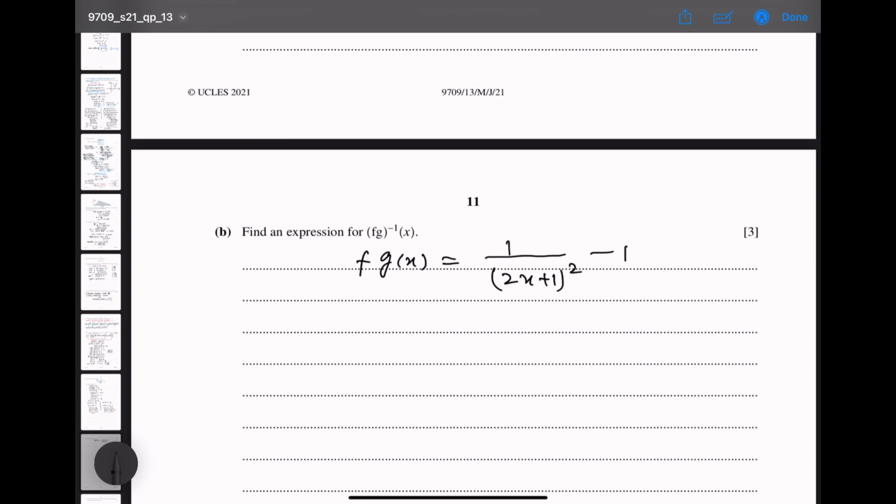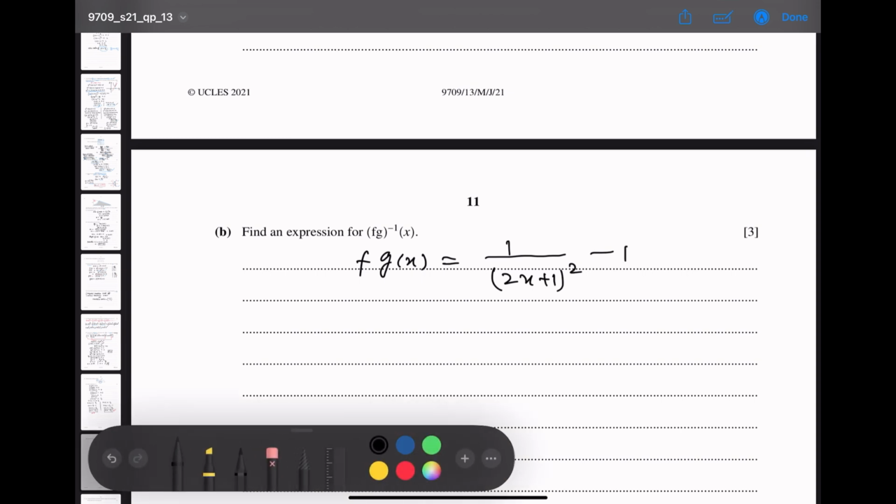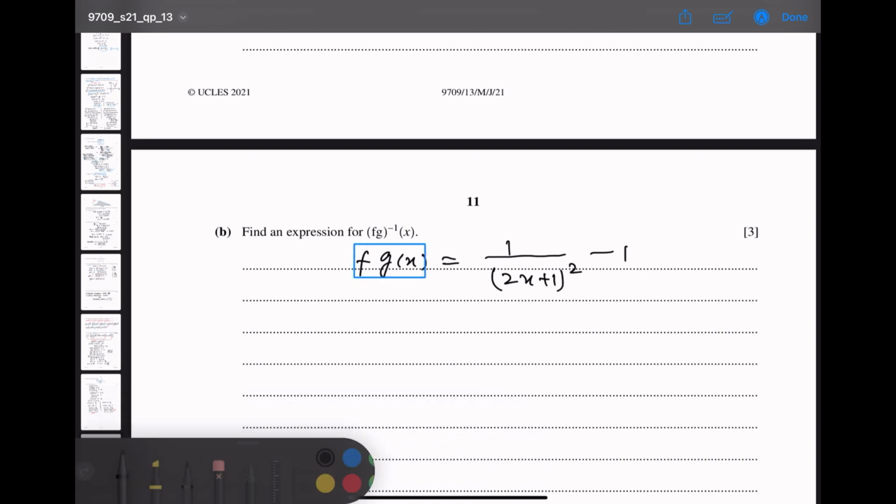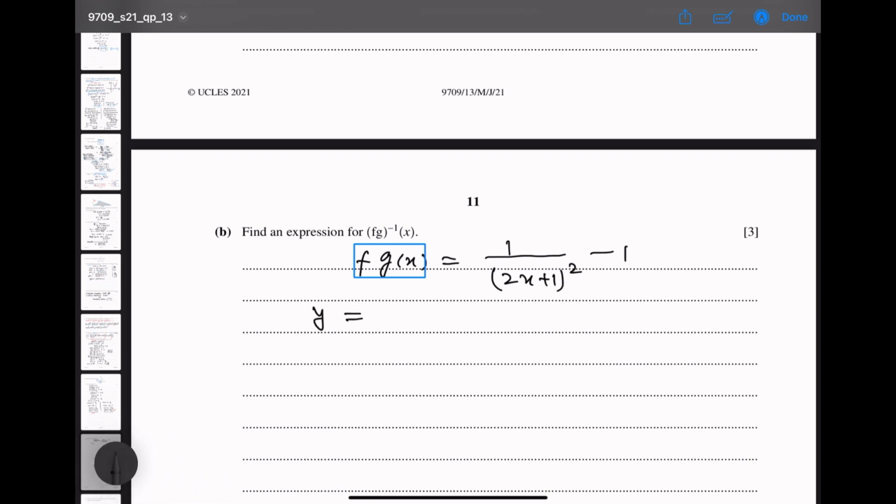Now to find the inverse, first we put fg(x) equal to y. So this becomes y is equal to (1 over 2x plus 1) squared minus 1.